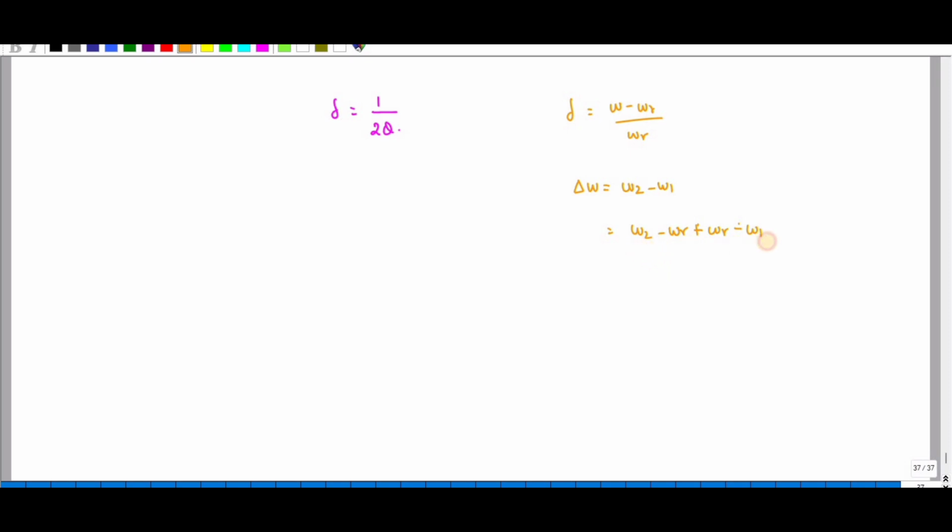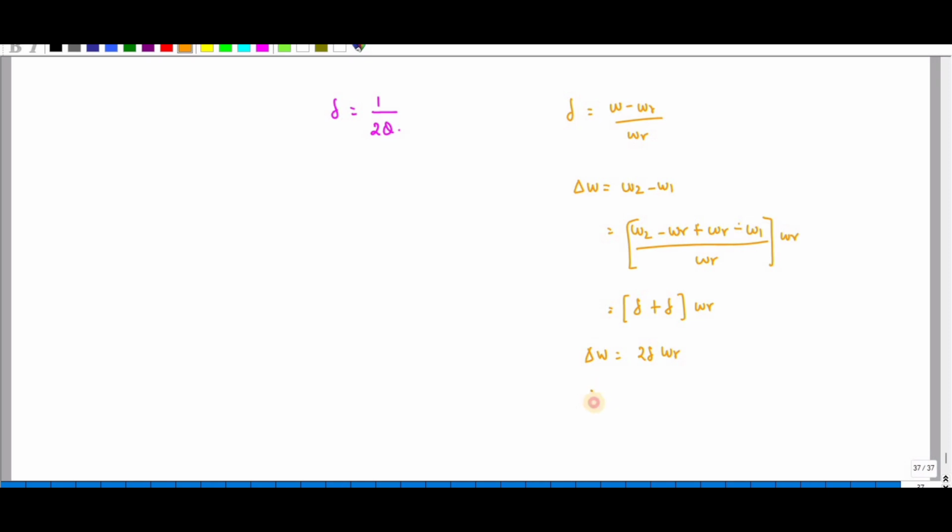So here I am going to multiply omega r and omega r on both sides. Okay. So what is this one? Omega 2 minus omega r by omega r is nothing but del, and omega r minus omega 1 divided by omega r is another del. Okay. So I can write 2 del omega r. So what is my del omega?